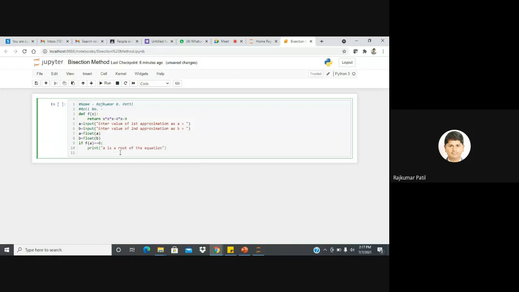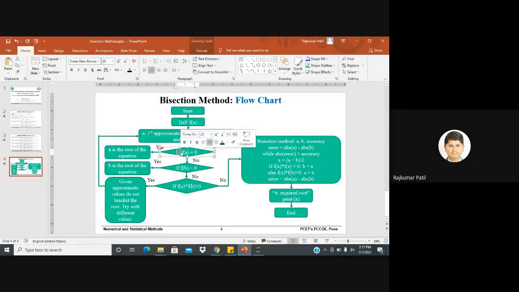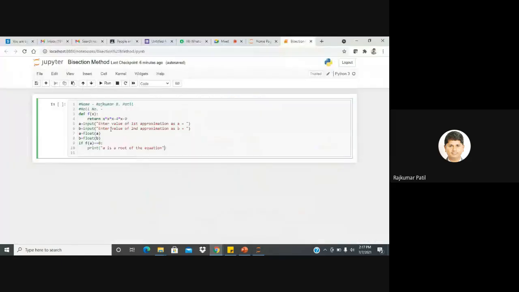To write this particular condition, we use the syntax if, then space, and f of a. What this f of a will do, it will call function f of x, that is x cube minus 4x minus 9. In that equation, x will be replaced by a, and whatever answer is received, it will check whether f of a is equal to 0 or not.